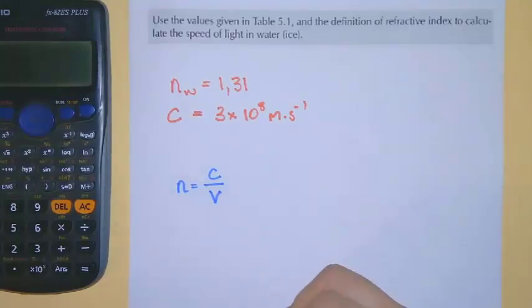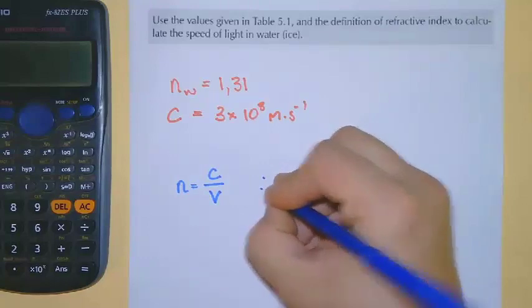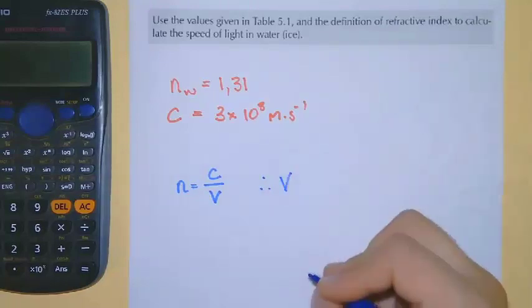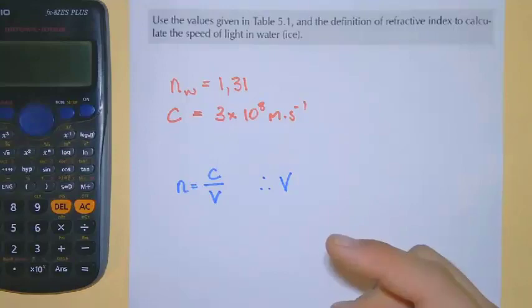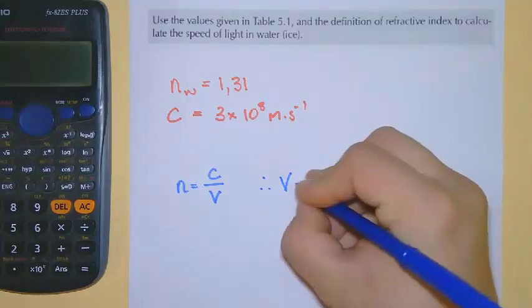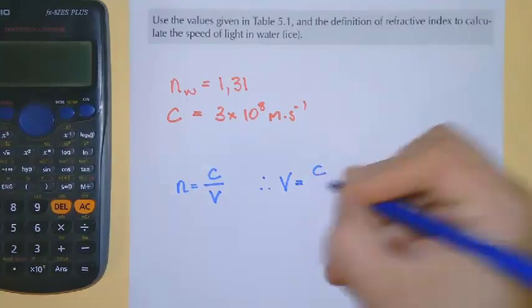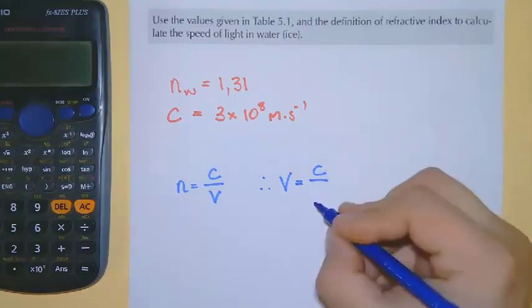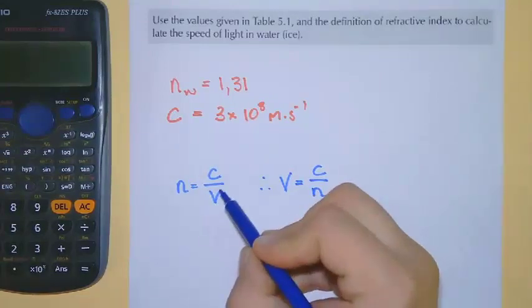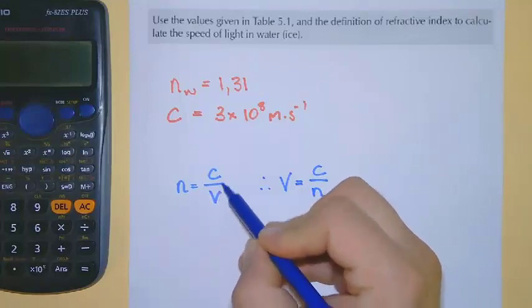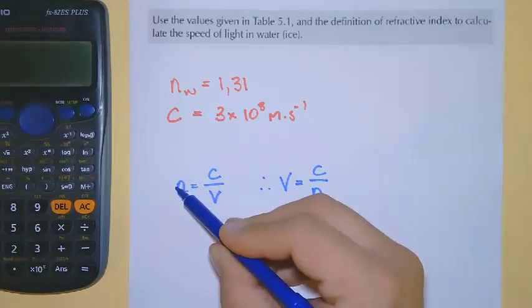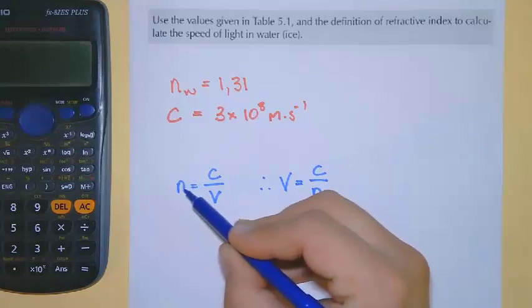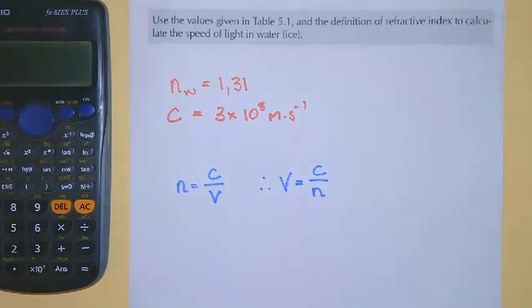That means the velocity of light in water will be equal to the speed of light in a vacuum divided by the refractive index, because we're dividing by the velocity on one side, we're going to multiply on that side, and because we're multiplying with our refractive index, we're going to be dividing on the opposite side.